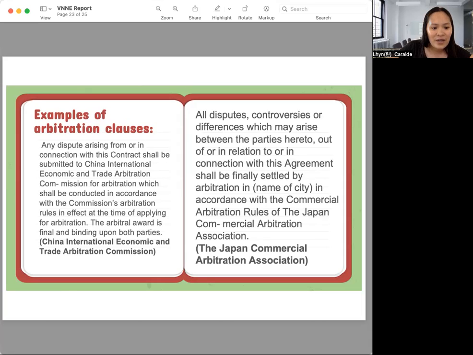Arbitral award is final and binding upon both parties. So this is how the Chinese wrote the arbitration clause.